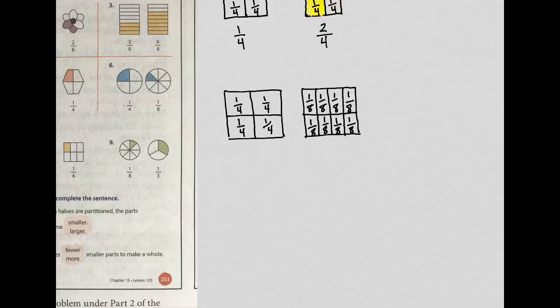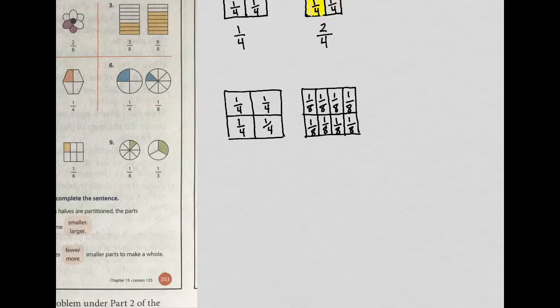The first square is divided into fourths, so it's divided into 4 pieces. The second square is divided into eighths because it's divided into 8 equal pieces. Now the squares are the same size, but the pieces are different sizes because of how many there are.